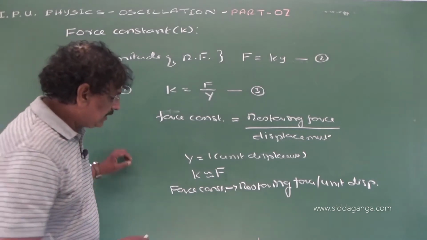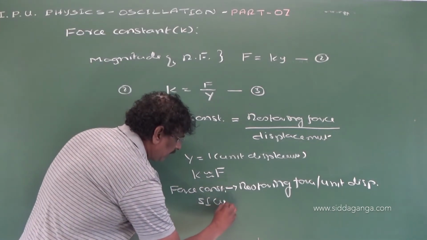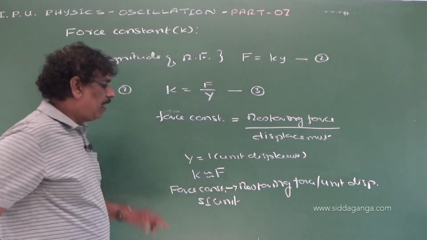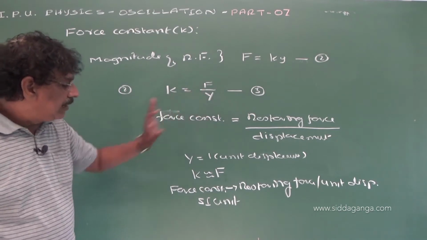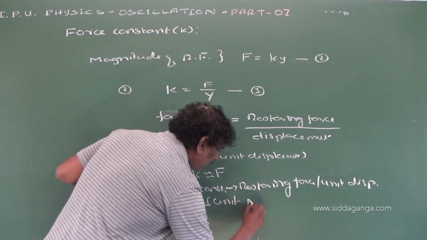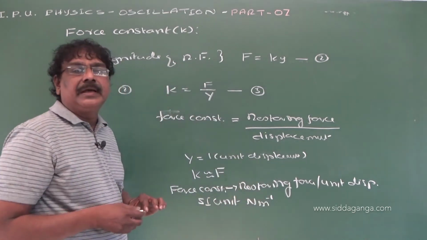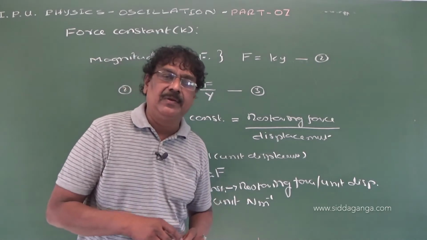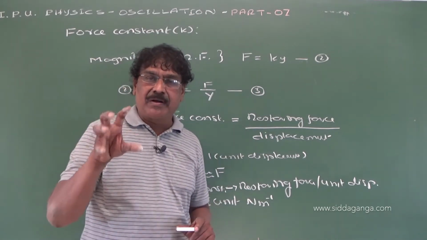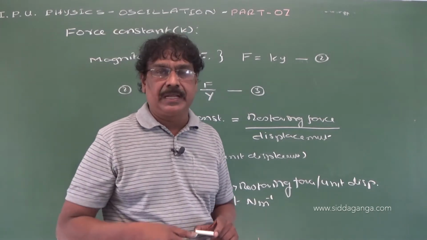Now what is its SI unit? The SI unit of k is Newton per meter. This k value, the force constant value, plays a very important role in simple harmonic motion.